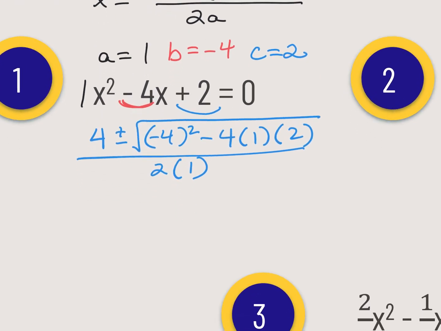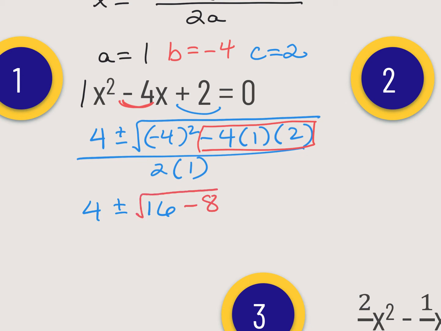So now I'm going to go ahead and write 4 plus or minus the square root of 16. Now, what I like to do when I am dealing with these 3 numbers, the negative 4ac, is treat that as a negative 4, and then I multiply negative 4 times 1 times 2, and that gives me negative 8.